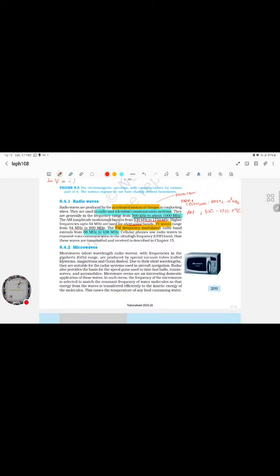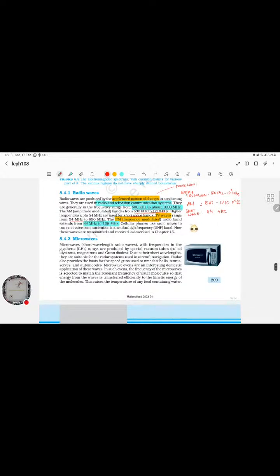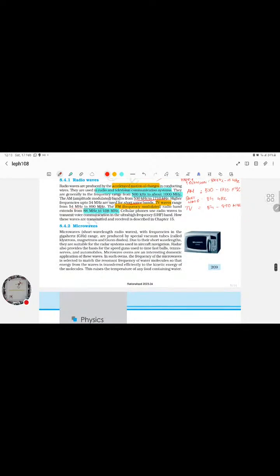And we have short wave bands, which have frequencies up to 54 megahertz. And we have TV waves, which have a range from 54 to 890 megahertz. Now we are entering into megahertz.